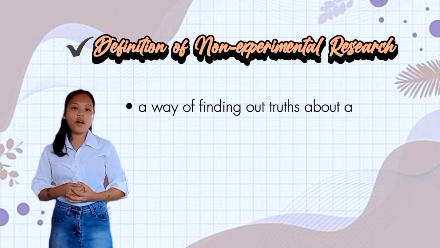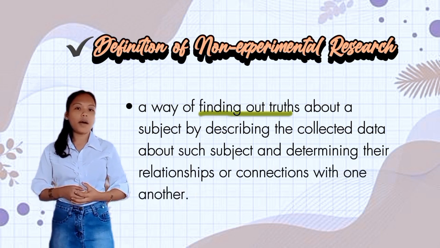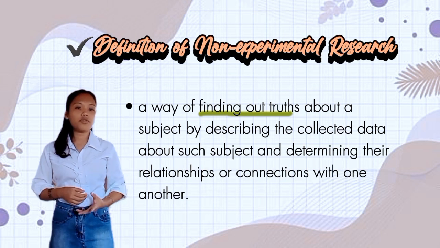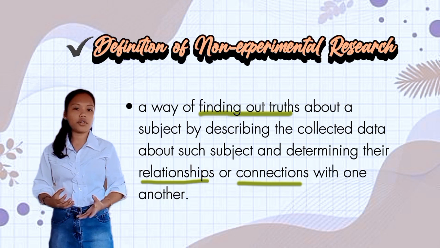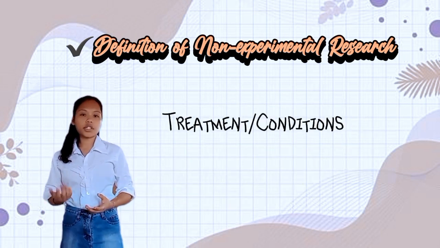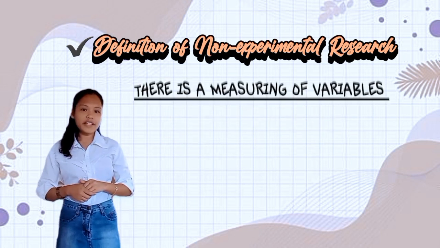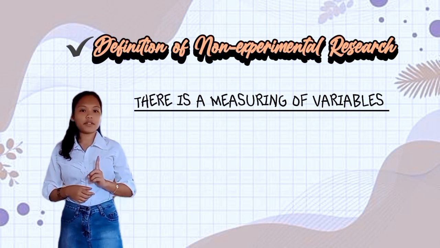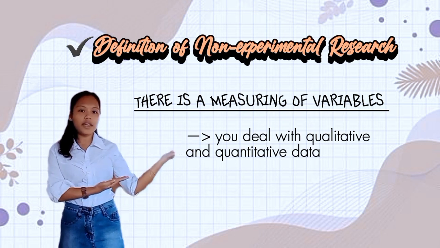It is a way of finding out truths about a subject by describing the collected data about such subject and determining their relationships or connections with one another. Any treatment or condition is not involved in this type of research. There is a measuring of variables. Hence, once you do a non-experimental research, you deal with qualitative and quantitative data.